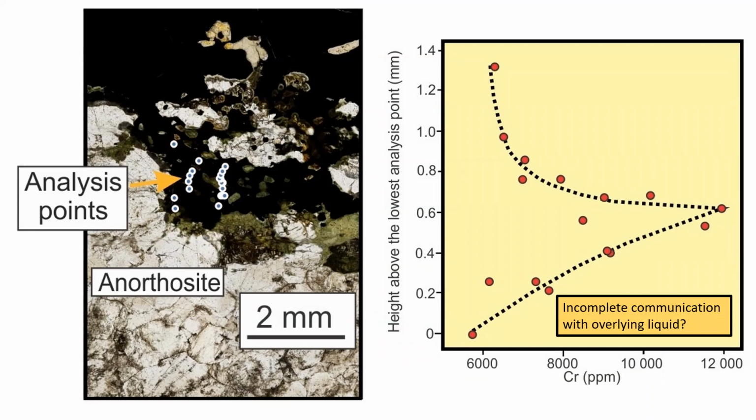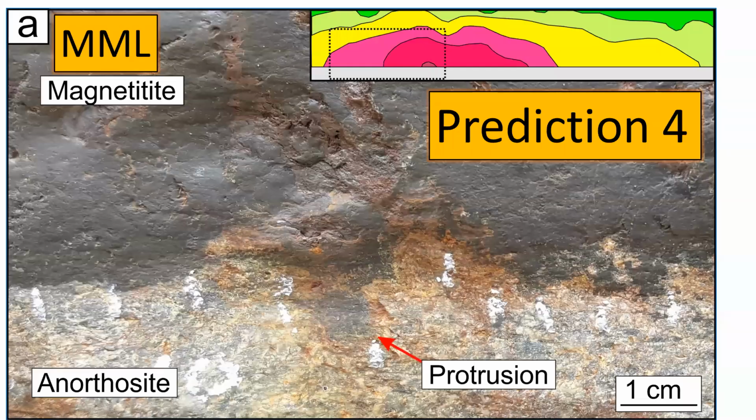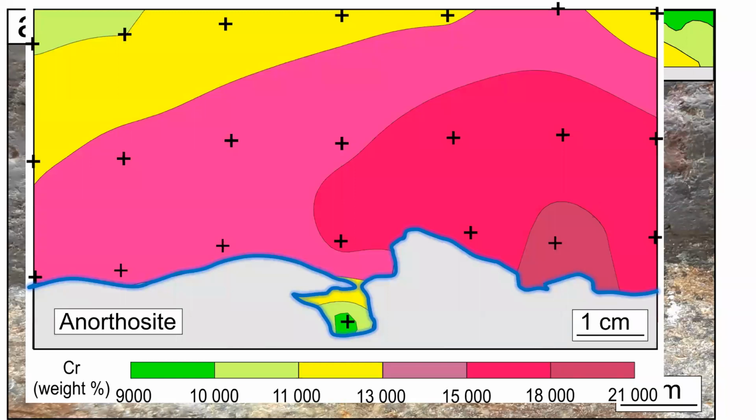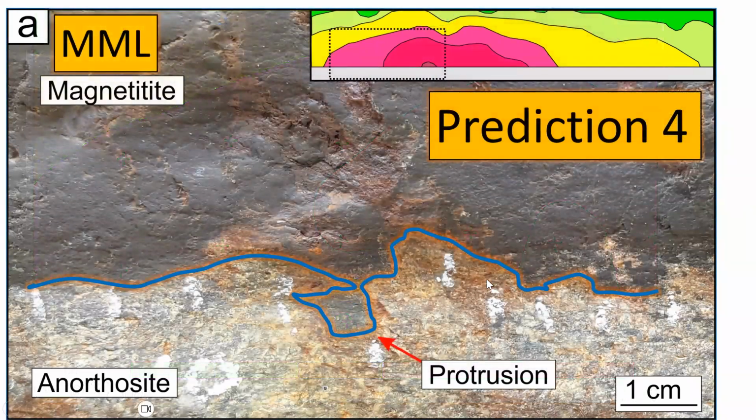Could you get back to your prediction 4? In the next slide, you showed this nice line. What is this red material between the anorthosite and the magnetite, very pronounced, following the boundary?